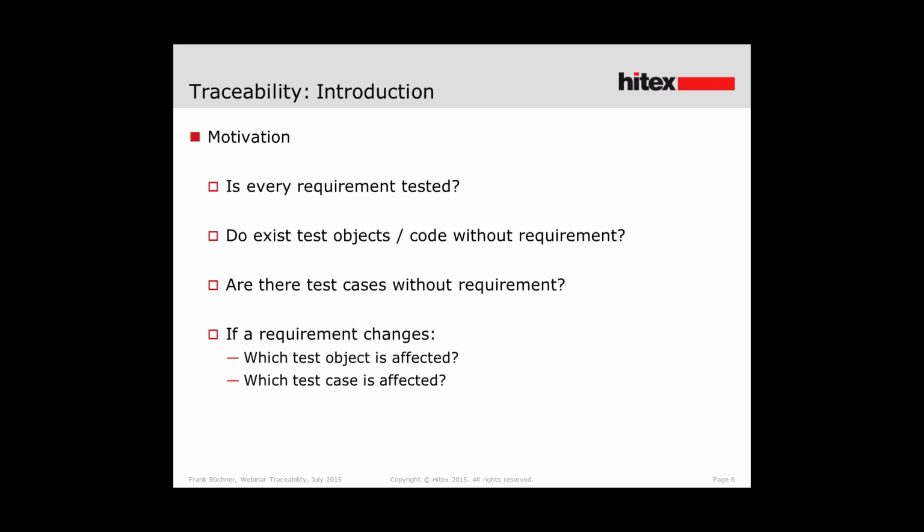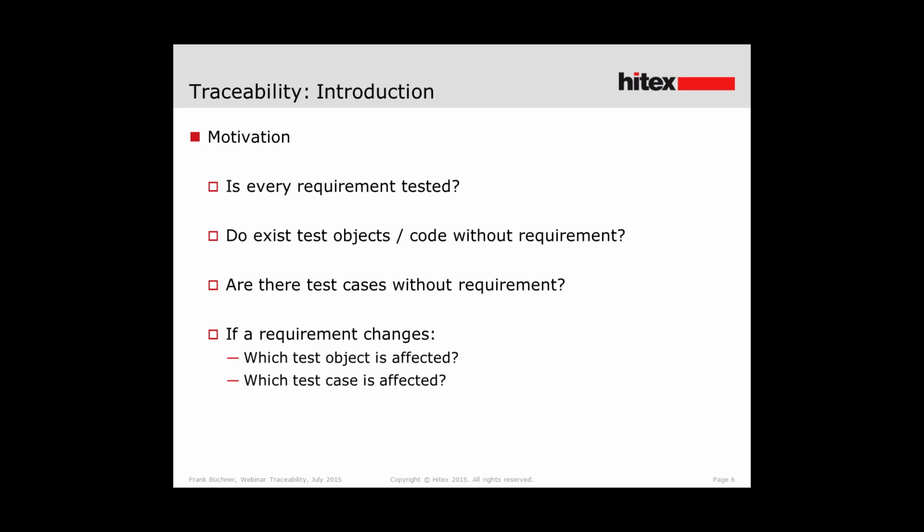These three points are more or less obvious reasons why you link requirements and test cases together, to answer these first three questions. But another important point, which is not so obvious, is what happens if a requirement changes.